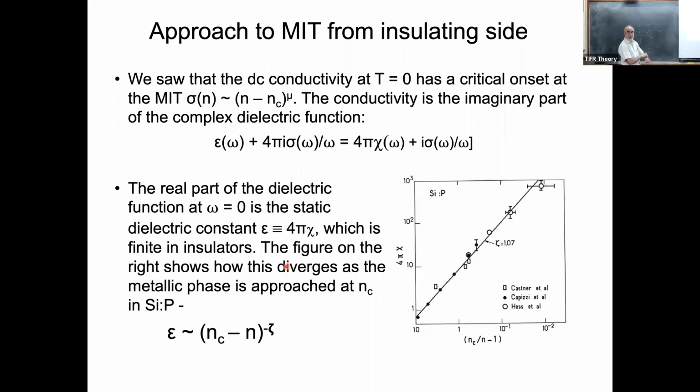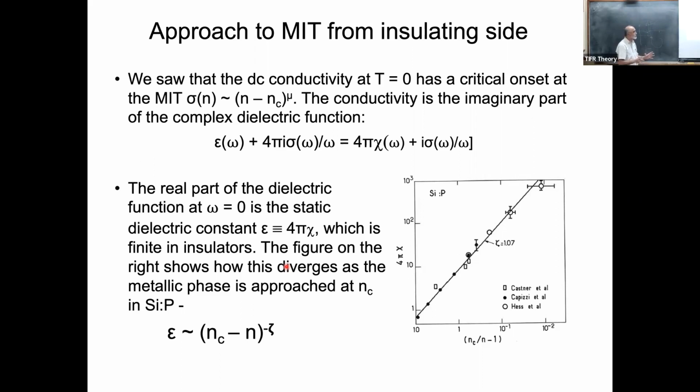There are different ways of getting the dielectric constant. The Capizzi group, of which I am a part too as a theorist, we actually use the finite frequency conductivity and Kramers-Kronig relate that to get the dielectric constant. The other ones are actual DC measurement. They measure the capacitance and figure out what the dielectric constant is.